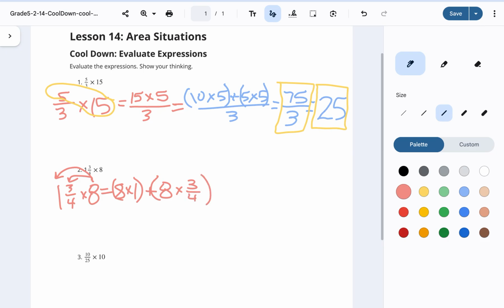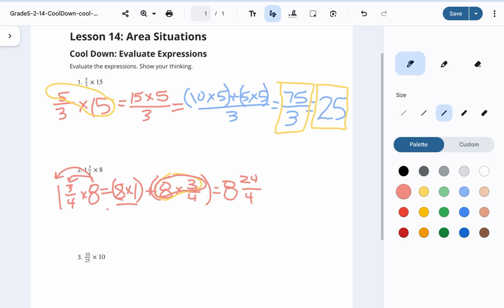Now, just like we saw above, once I get to this moment, I can take my 8 times 3 and then keep my 4 the same. So when I do that, I'm first going to have my 8 times 1, which is going to give me 8. And now I'm going to have my fractional answer here. Well, I'll have my 8 times 3, which is 24, and my denominator is going to stay the same.